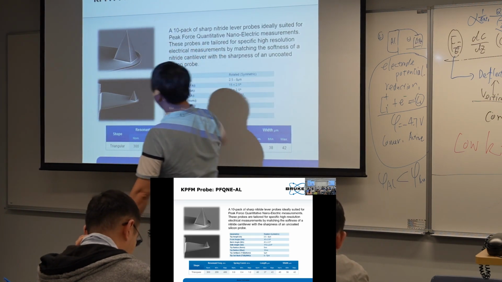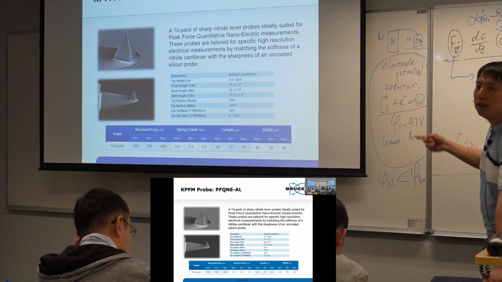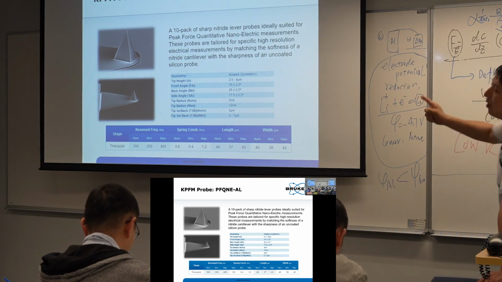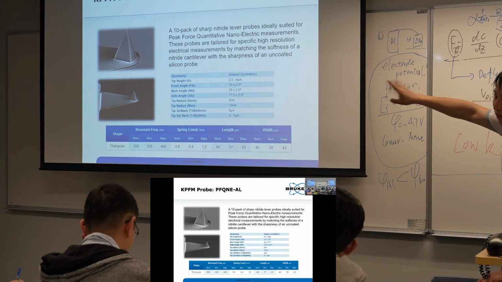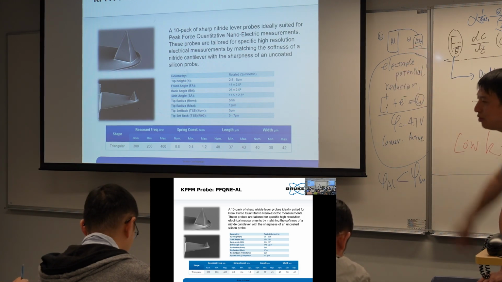Because they don't put any coating on the tip, the tip radius is small, so the resolution is relatively higher. That's the advantage of this probe, but it also has a disadvantage. It's not as conductive as your normal metal coated probes, so the signal is relatively lower. So it increases the resolution, but reduces the signal a little bit.